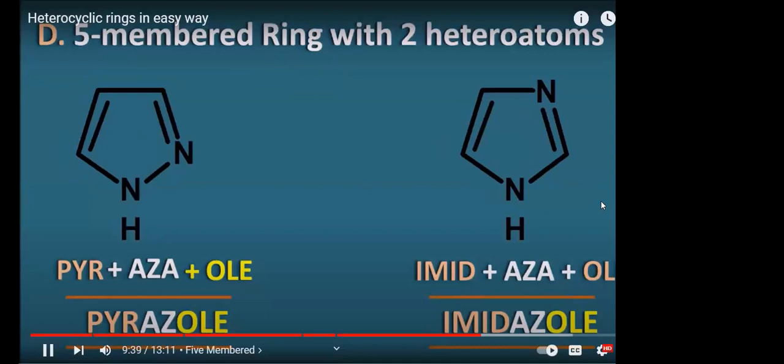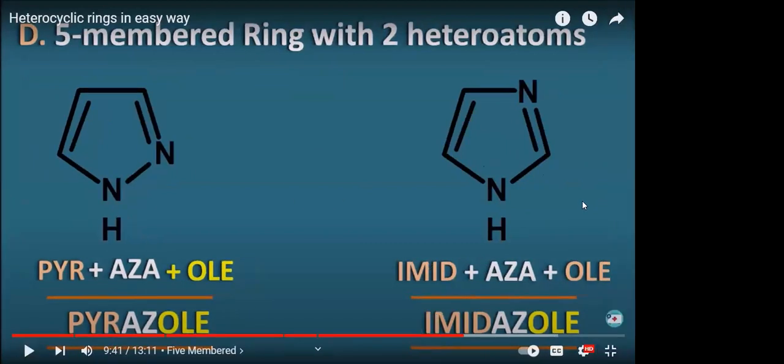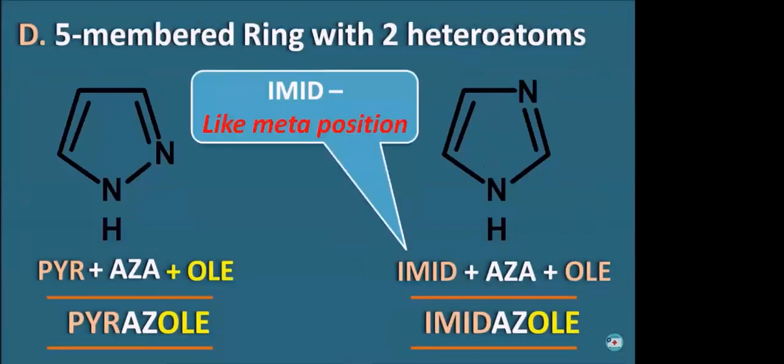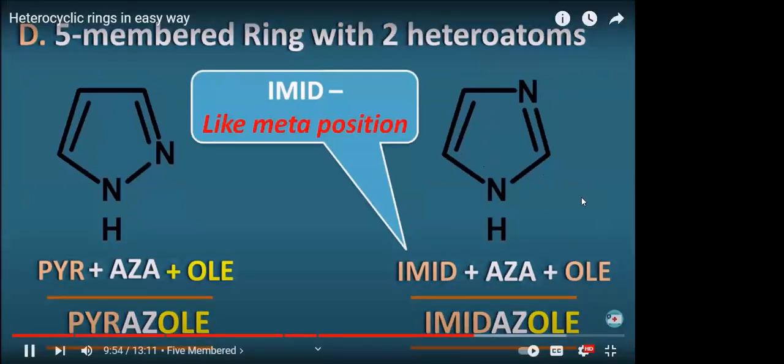How can you remember pyrazole and imidazole? We may be confused with that. Pyrazole has the nitrogens at the first and second position, while imidazole has them at the first and third position. It can be easily remembered that in imid, the letter M indicates the meta position, that means the third position, just like in aromatic ring systems. When we are counting, we begin from here: 1, 2, 3, 4, 5.